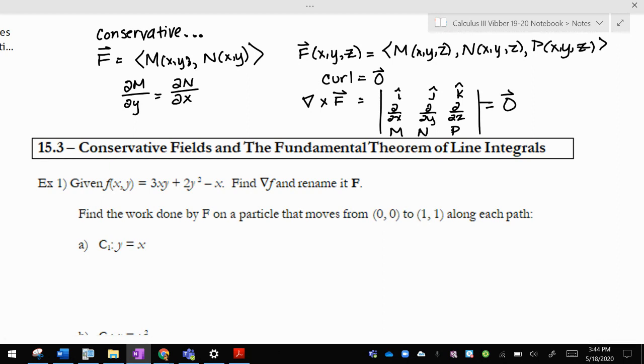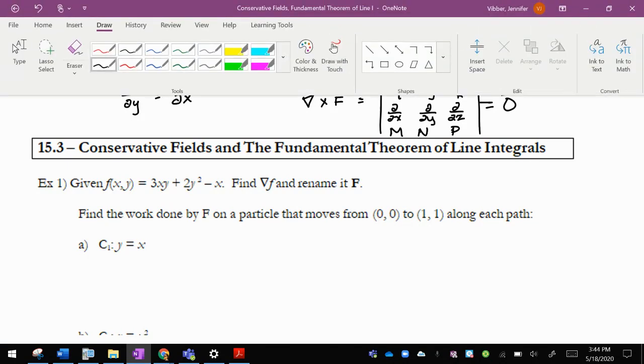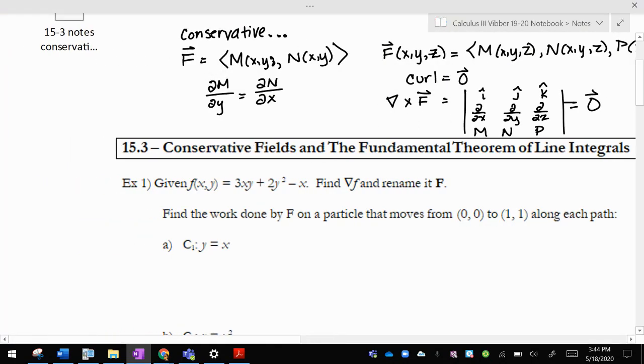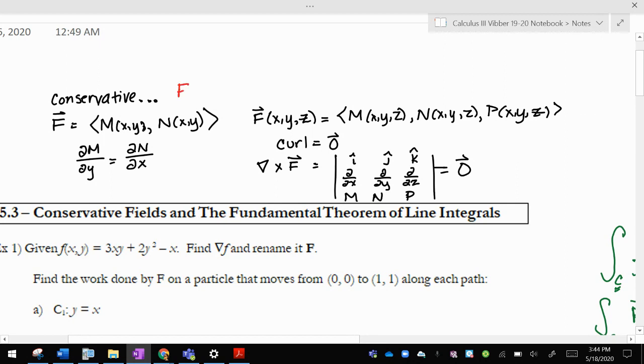Whew, there's actually one more way that I'm going to put on top. The other reason something's conservative is if you know that F, whether it's 2D or 3D, is equal to the gradient of some potential function f.